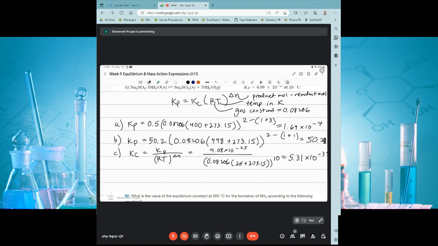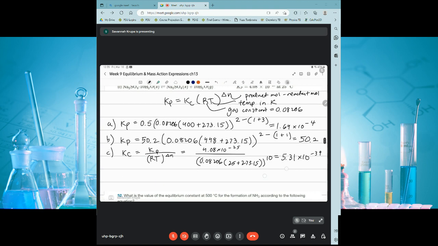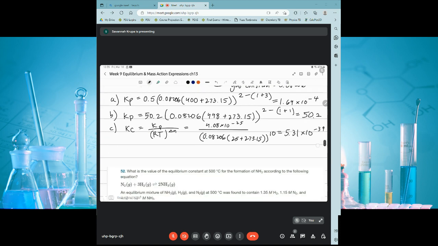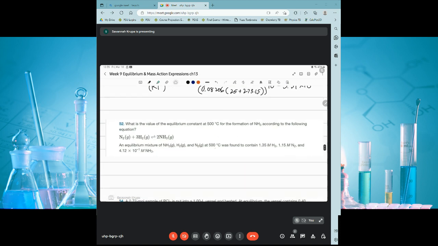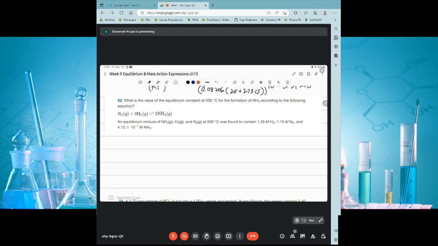So now let's move on to the next problem. And we are working with 52 here. And it says, what is the value of the equilibrium constant at 500 degrees Celsius for the formation of NH3 according to the following equation?